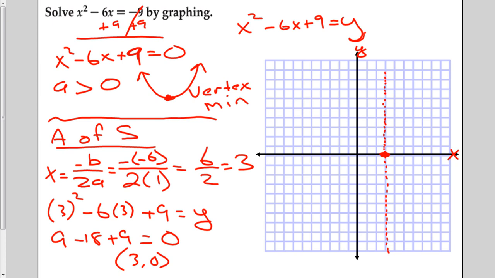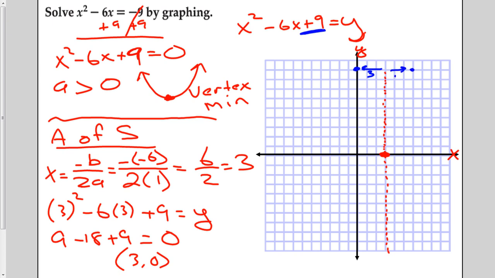And so I'm going to pick some points on the other side. I recognize that my y-intercept in this case is positive 9, because that's the constant term. So at 0, 1, 2, 3, 4, 5, 6, 7, 8, 9, that's up here. Since this is 3 spaces away this way, I know there's a mirror image point since this is symmetrical: 3 spaces away from my axis of symmetry on the other side at the same height.